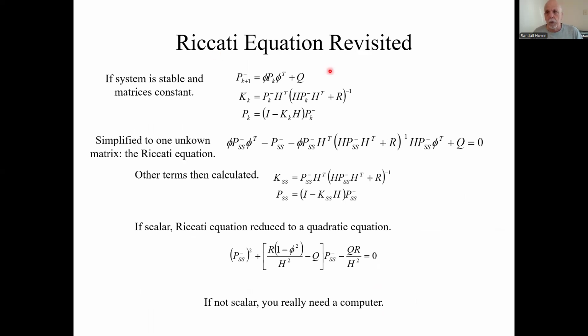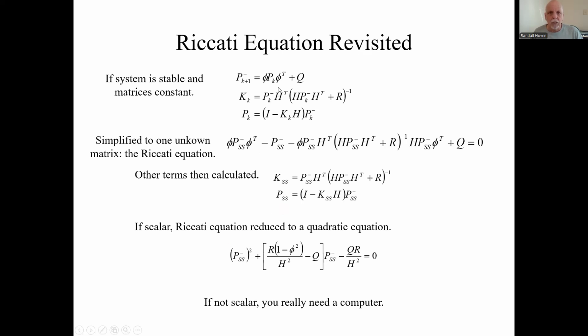And just recall, I talked about the Riccati equation before. It's a way to get this error covariance matrix all in one equation. If you solve that equation for this P^SS, the steady state error covariance with the superscript, you can compute the gains in the P_SS without the superscript, meaning right after you process a measurement.